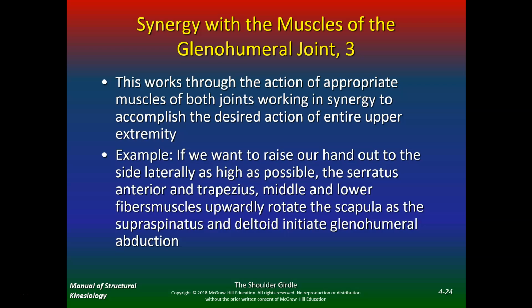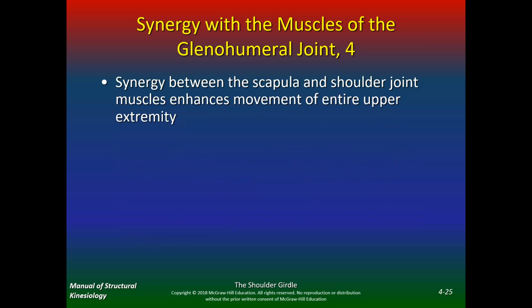Yes, the serratus, middle trap, and lower trap all have to work to rotate the scapula and fixate. So if you have weakness in any one of these areas, you're going to get an overpowerment of either the delts or the upper trap, and you'll cause that scapula to rotate undesirably, and you might cause impingement. Synergy between the scapula and shoulder joint muscles enhances movement of the entire extremity.